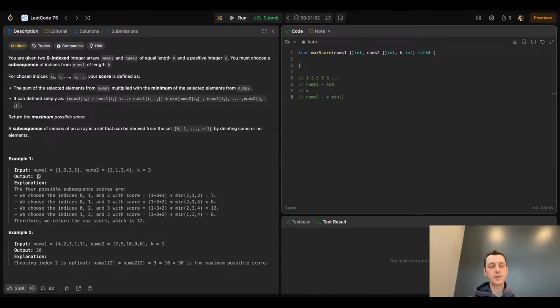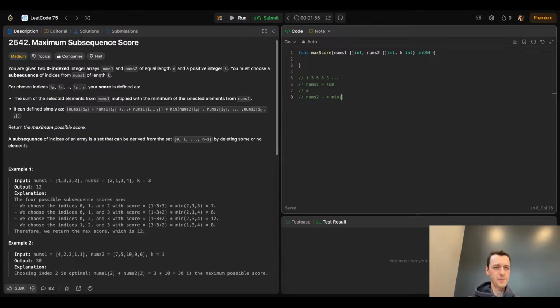So, oh, the maximum possible score. We would want to take all these numbers to make the biggest sum. But if we do that, we'll need to include all the values for nums2 and find their minimum. So we will have to include the small ones as well, and this will be 1.